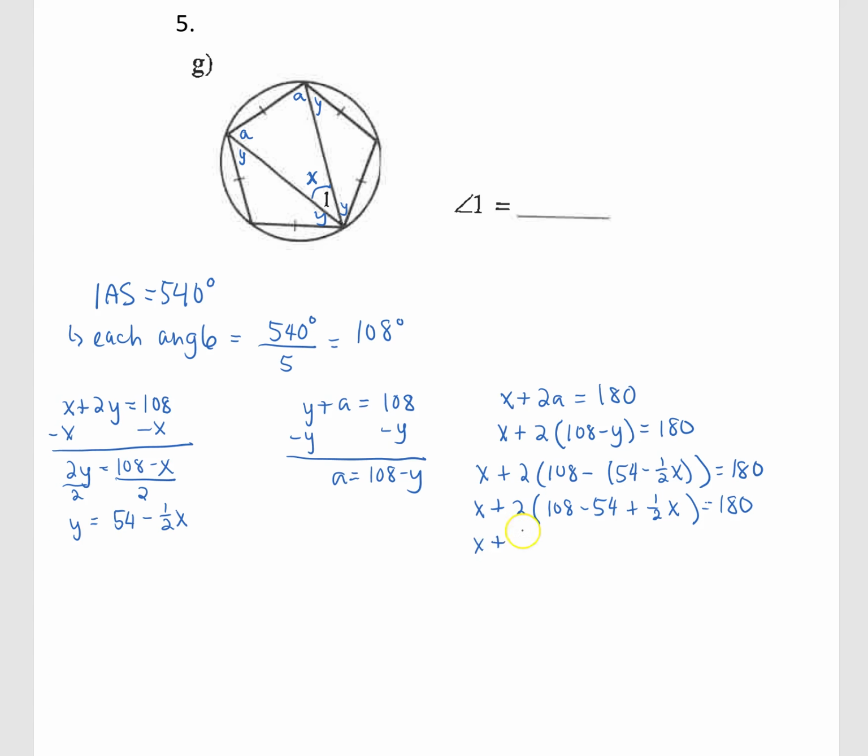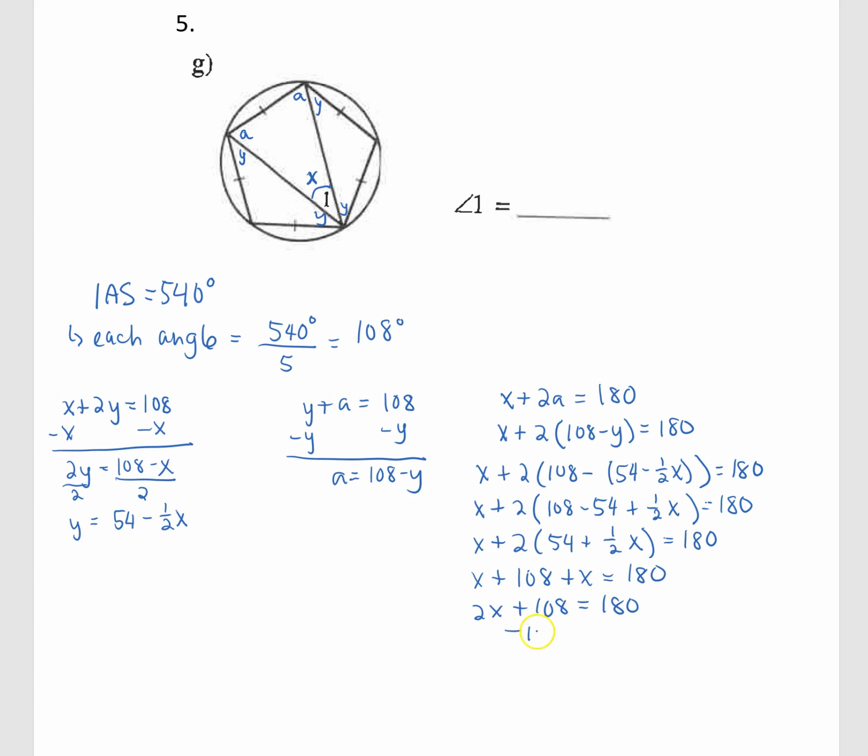Now I can combine like terms here. 108 minus 54 is 54, and I have a plus 1/2 x. Then I'm going to multiply this 2 into the brackets, so 2 times 54 is 108, and 2 times 1/2 x is just x. x plus x is 2x.